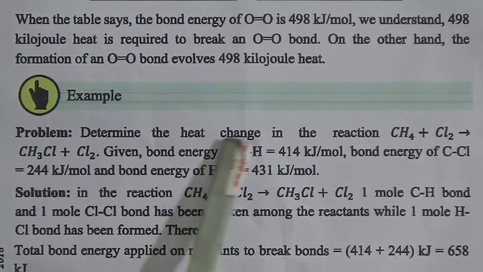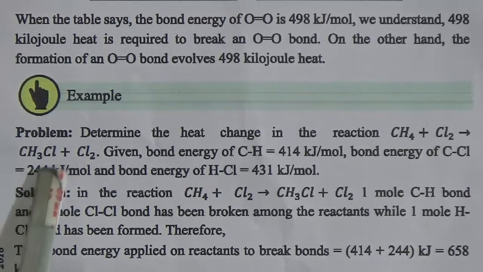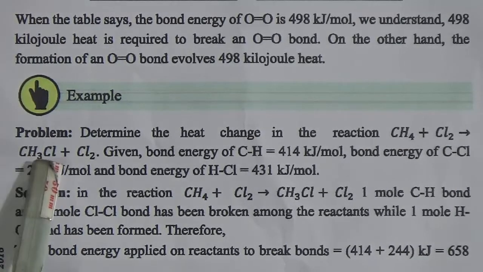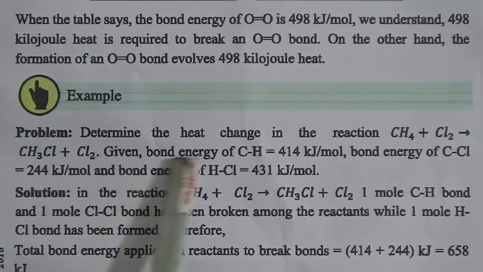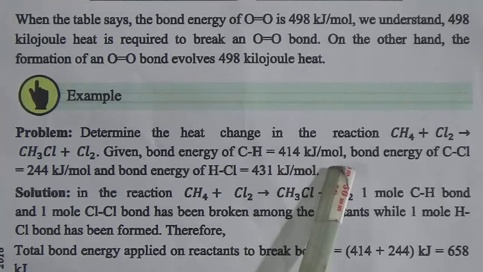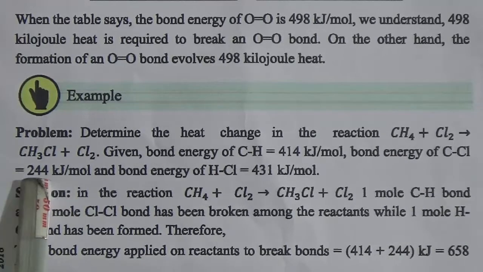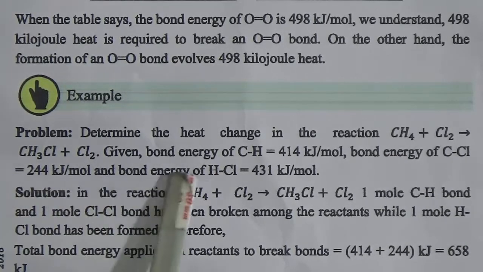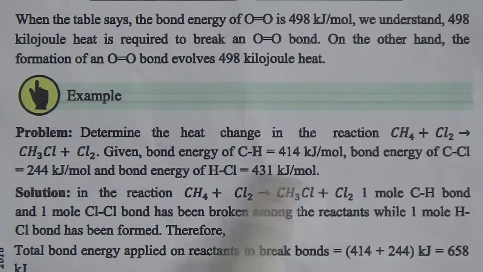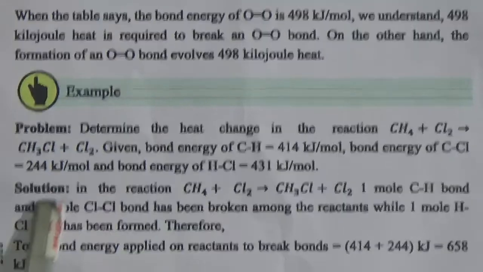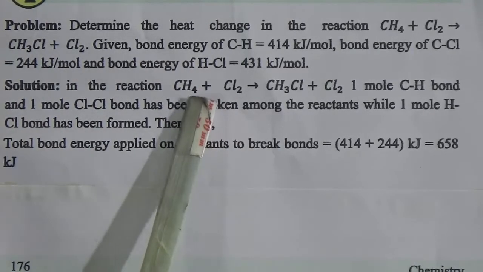Then the problem: determine the heat change in the reaction methane plus chlorine, and the products are chloromethane plus hydrogen chloride. Bond energy of C-H is equal to 414 kilojoule per mole, bond energy of carbon-chlorine is equal to 244 kilojoule per mole, and bond energy of hydrogen-chlorine is equal to 431 kilojoule per mole.